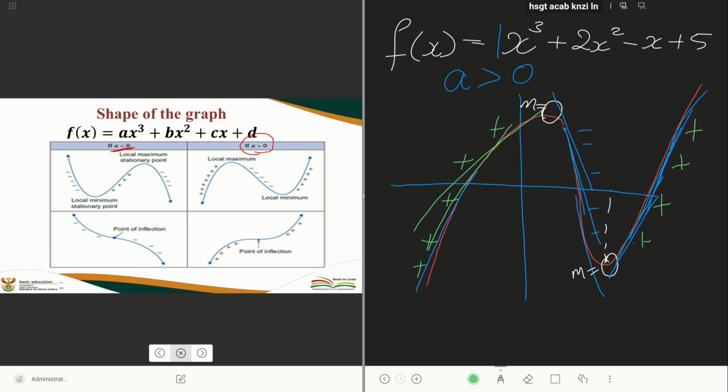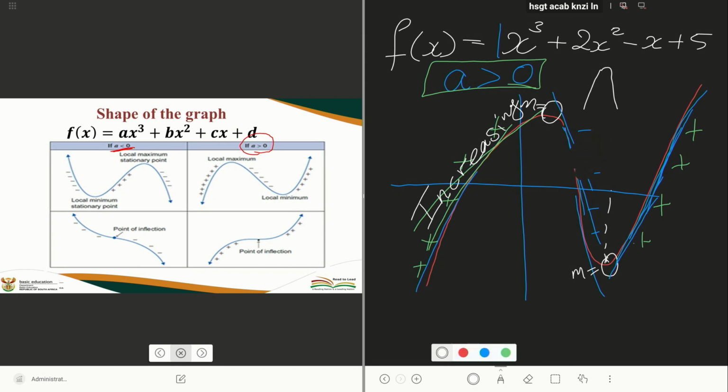So we can make a conclusion that if the value of a is positive, my graph will start by going up, which we can also say is increasing, and then go down, which we can say is decreasing. Let me write it in a way that you are able to read.